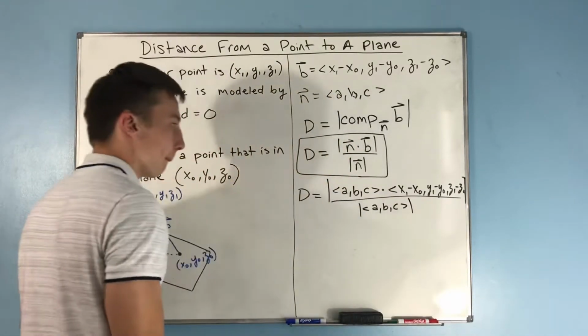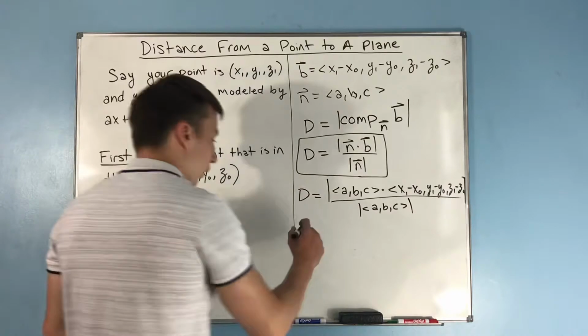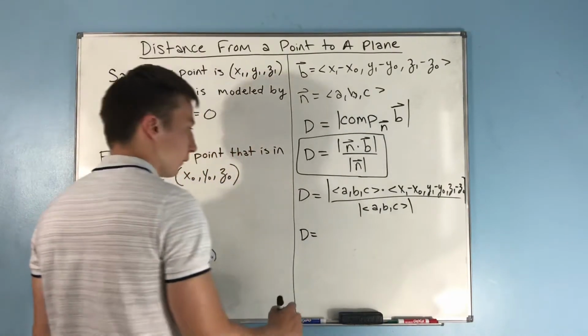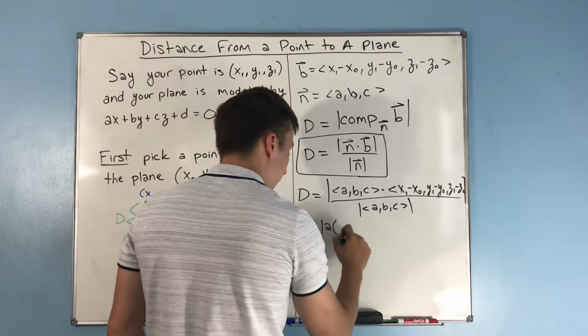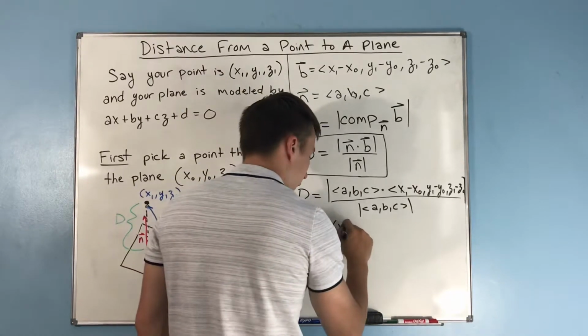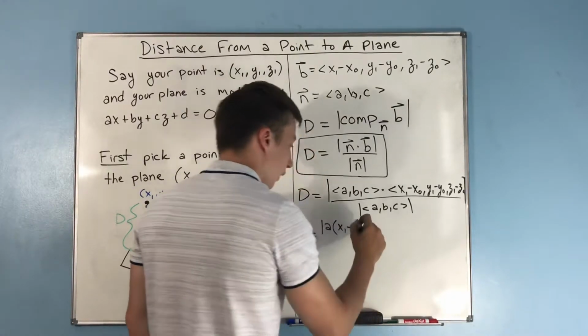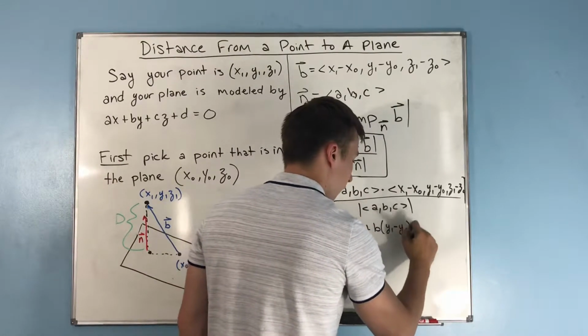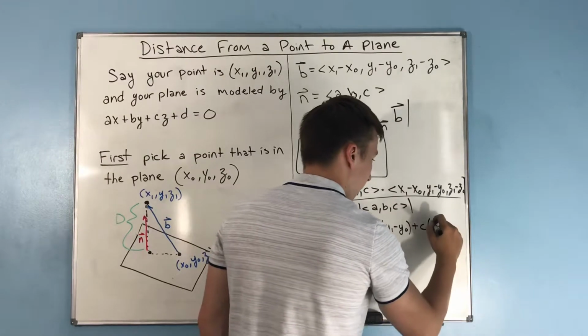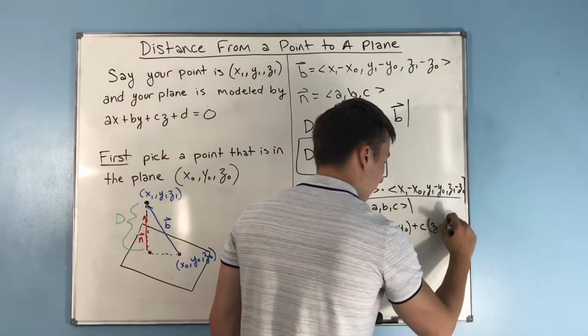Okay, so we get our distance is equal to the absolute value of A times x1 minus x naught plus B times y1 minus y naught plus C times z1 minus z naught.